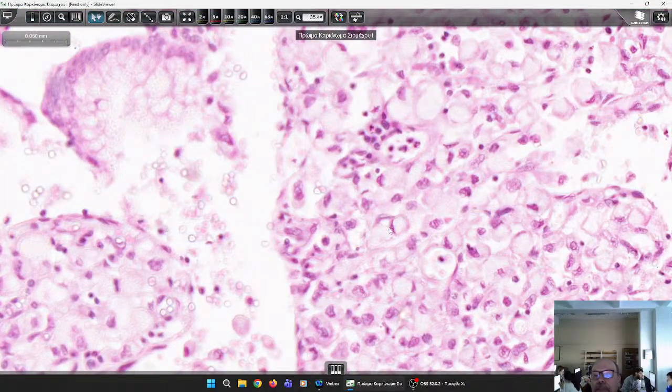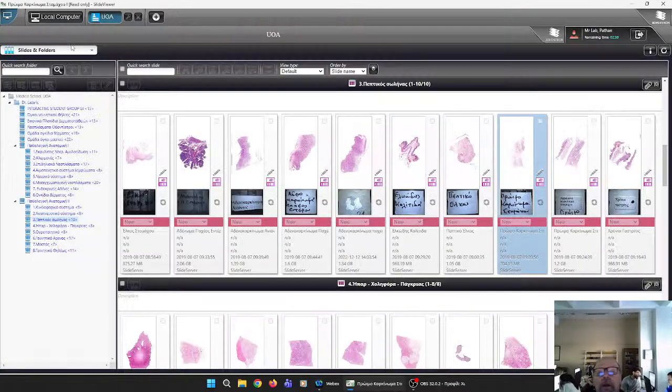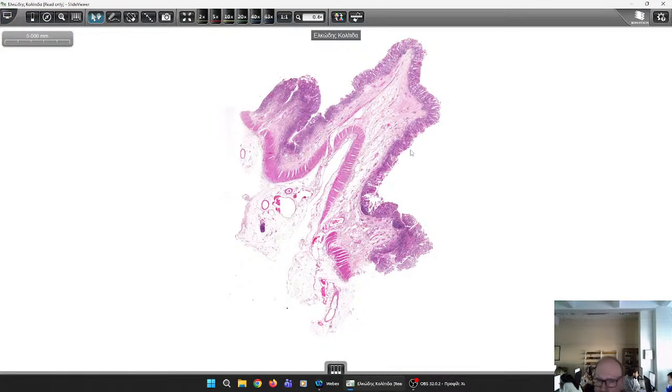You'll have to look for these cells, signet ring cells, poorly differentiated gastric cancer cells. Now we have the slide of the large bowel, and we are studying an idiopathic inflammatory disease which starts from the rectum and continuously involves all the mucosa.